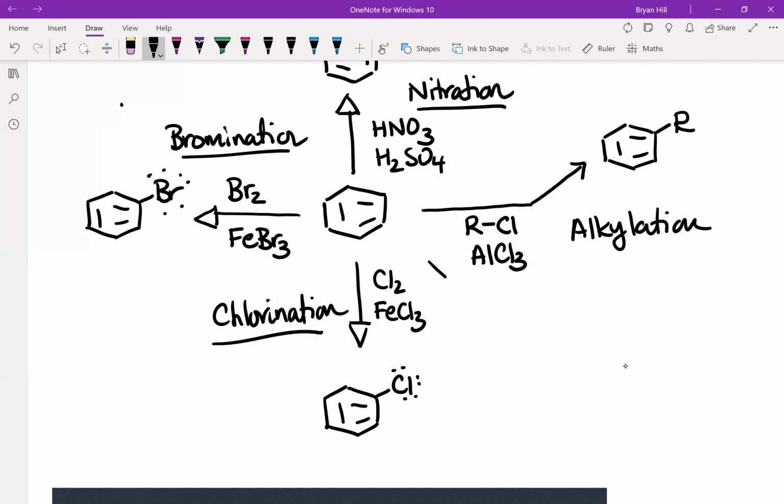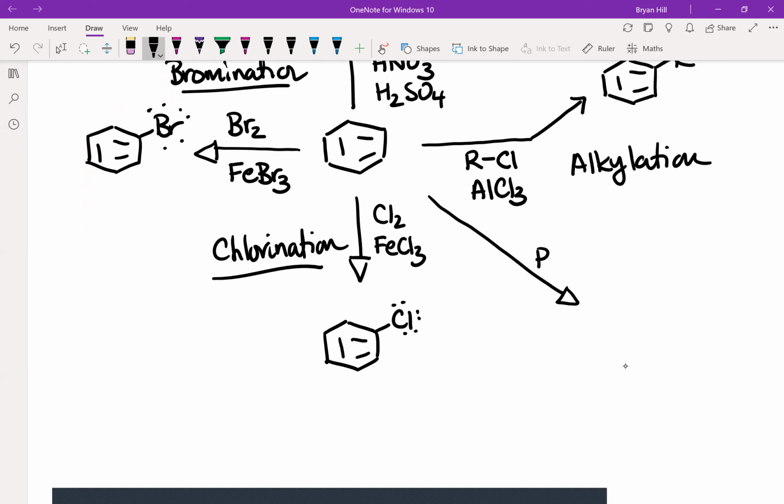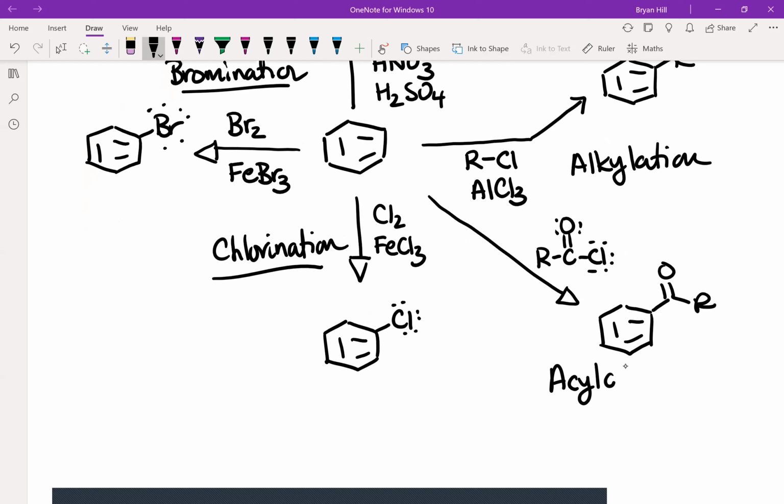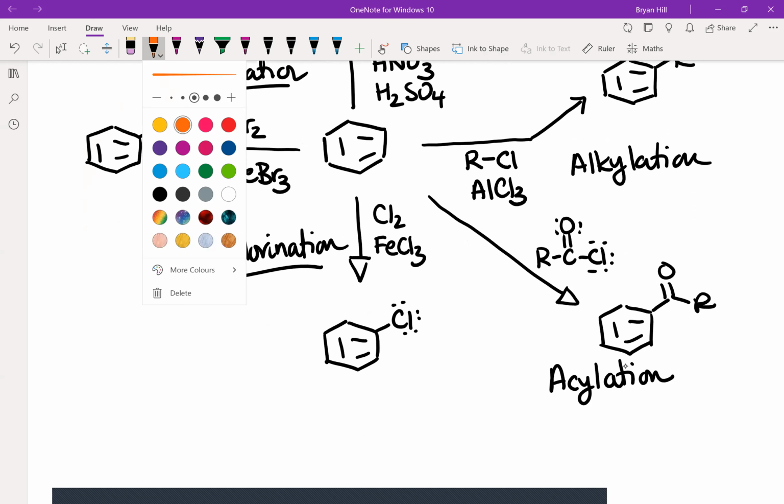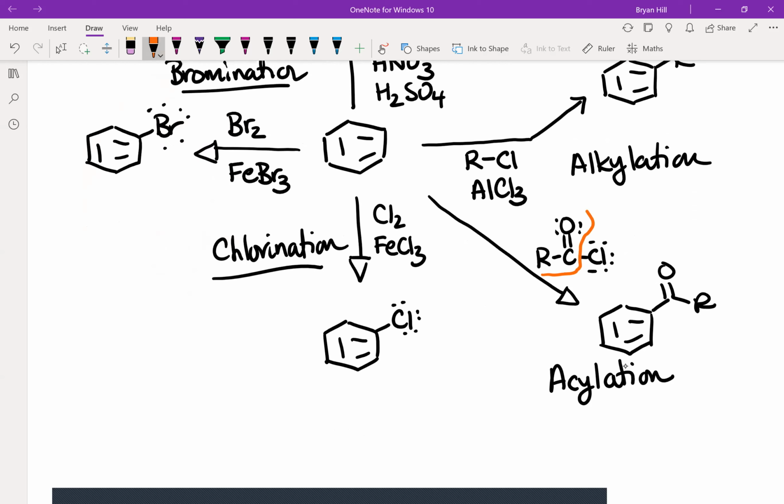And one more, very similar. And this time we are going to use our carbonyl, so an acid chloride. This is an acylation reaction. So an acyl group is basically this part here. So we're adding that there. So the Friedel-Crafts acylation reaction.